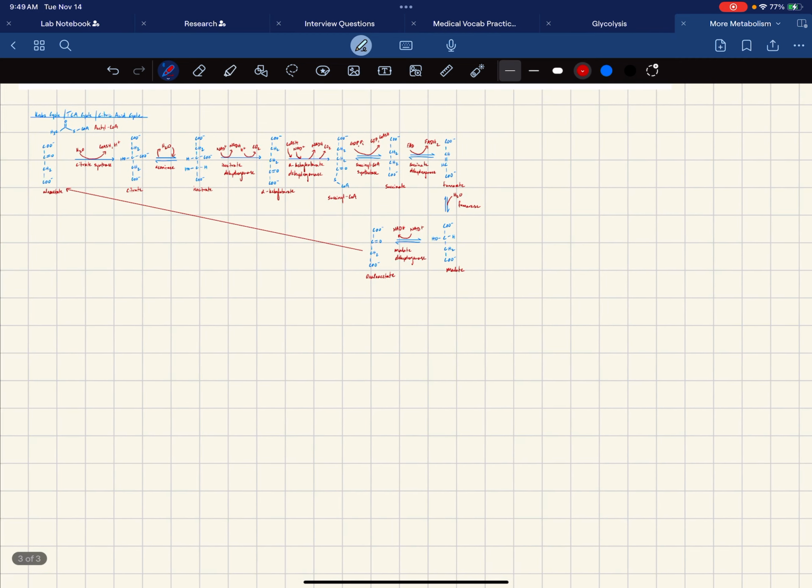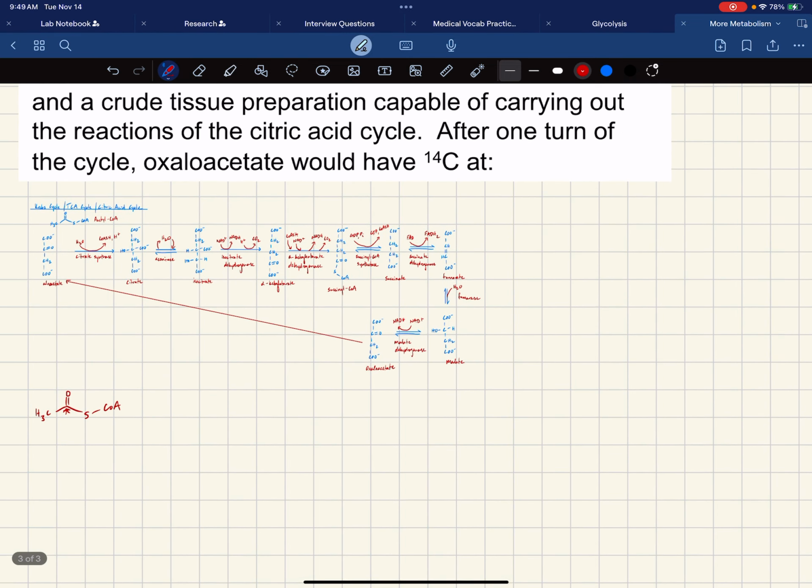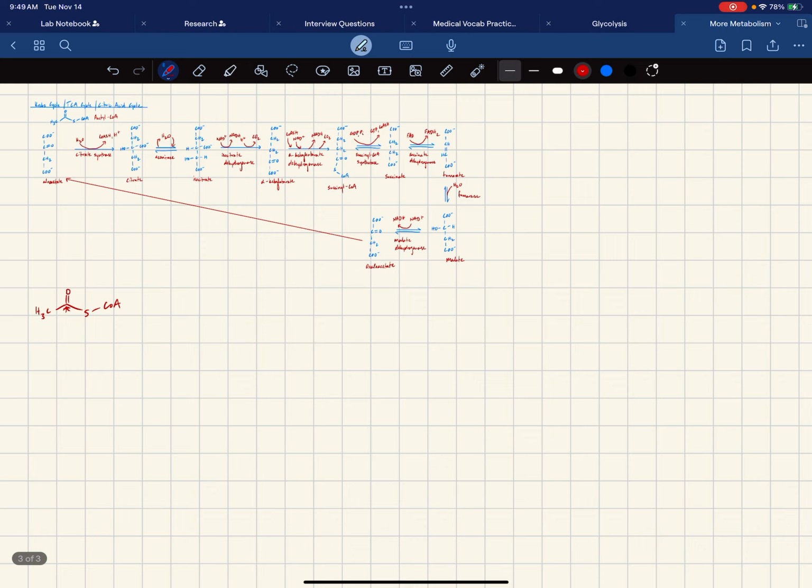Here's our acetyl-CoA molecule, and this carbonyl carbon is going to be labeled. This is why I was stressing which carbons actually got put on the oxaloacetate.